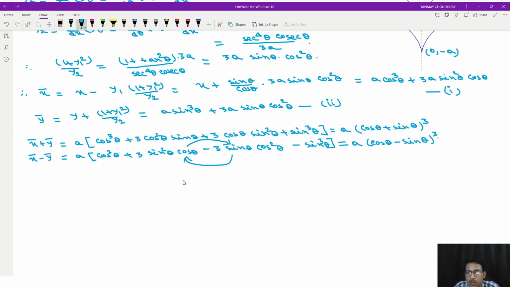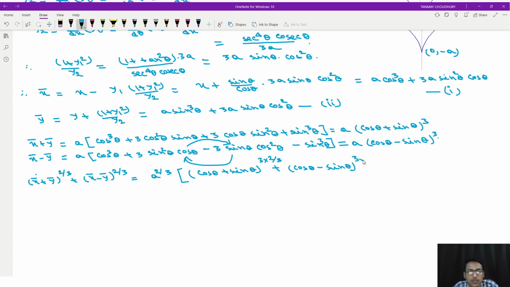So for that, if we consider (x bar plus y bar) whole to the power 2/3 plus (x bar minus y bar) whole to the power 2/3, then we can take a to the power 2/3 common, and it will be (cos θ plus sin θ) whole to the power 3 into 2/3, and similarly (cos θ minus sin θ) whole to the power 3 into 2/3.